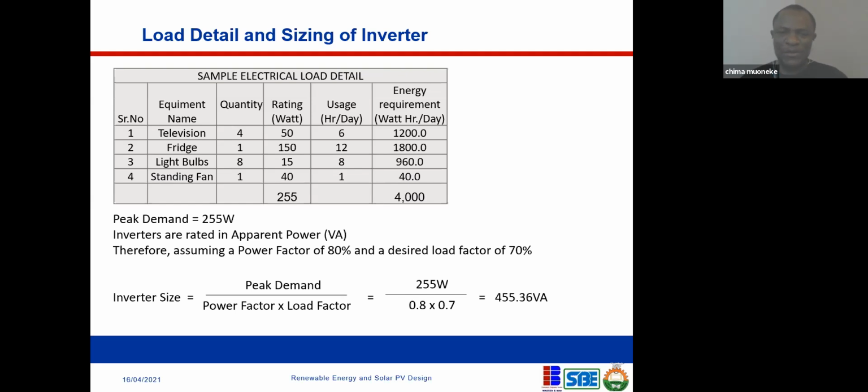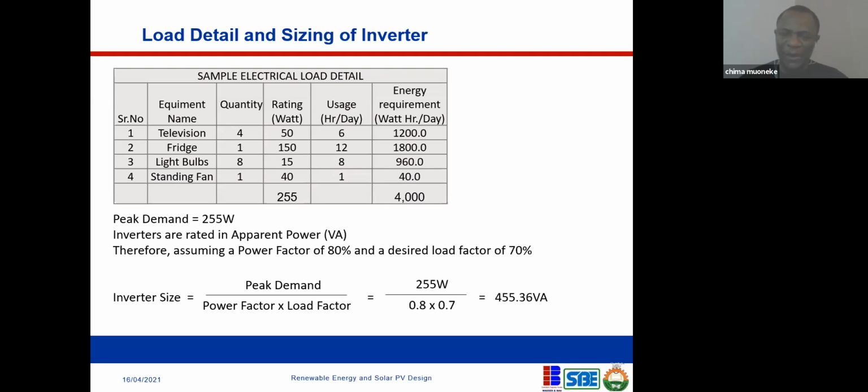So assuming that our power factor for this inverter is 80%, and our desired load factor is 70%. Now, why 70%? We want to create some level of tolerance in this inverter, so that if the load at some point exceeds 255 watts, the inverter should be able to accept it, just for those little margins.